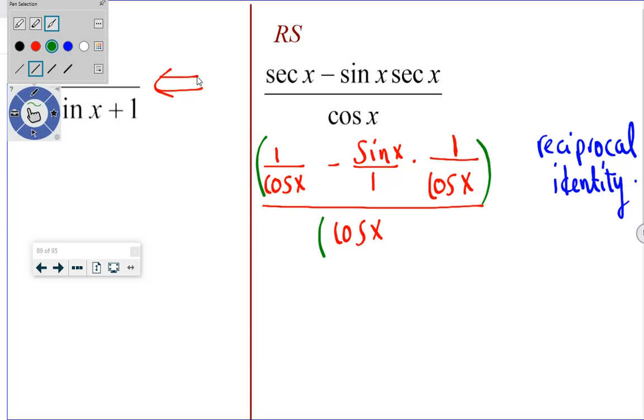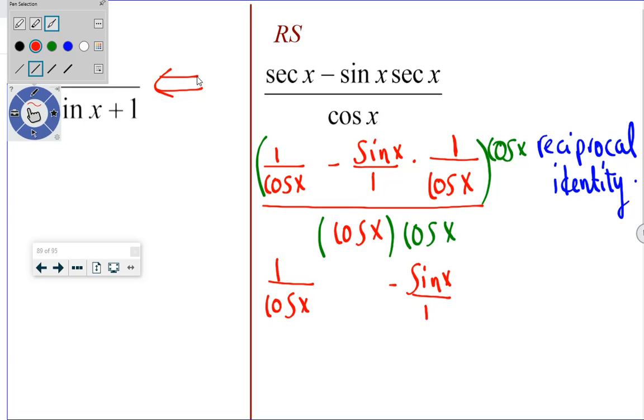So I'm going to multiply top and bottom by cos of x to eliminate these pesky denominators. So on the top I have my 1 over cos of x minus my sine of x over 1, and each of these is being multiplied by cos of x.